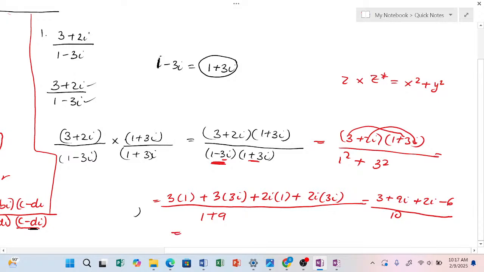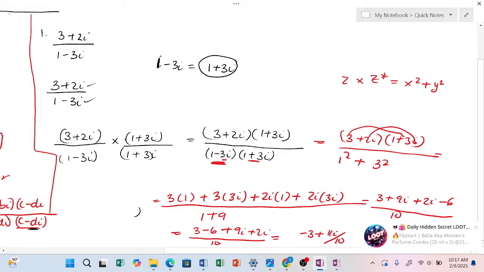If I continue, grouping items, 3 minus 6 plus 9i plus 2i all over 10, which is equal to (minus 3 plus 11i) all over 10. And this will be our answer for this question.